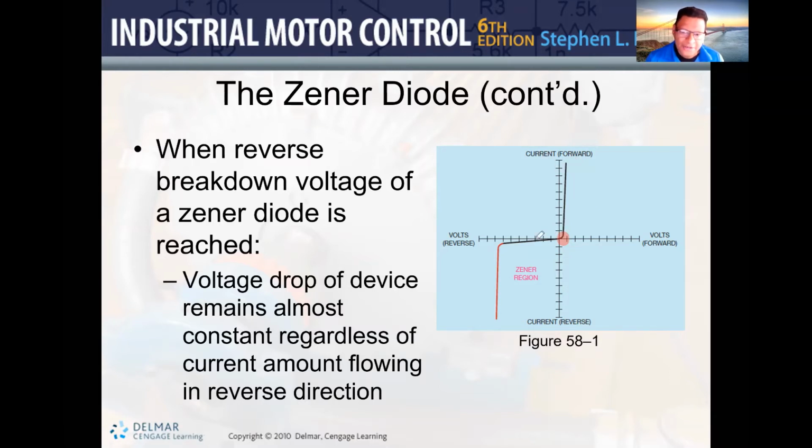When the regular junction diode is behaving as an open switch, because it has a reverse voltage, once that reverse voltage is exceeded, it's going to break down completely. It's not going to allow the flow of anything at all.